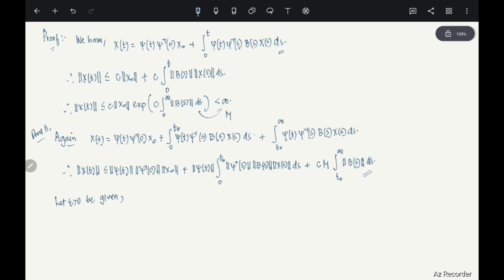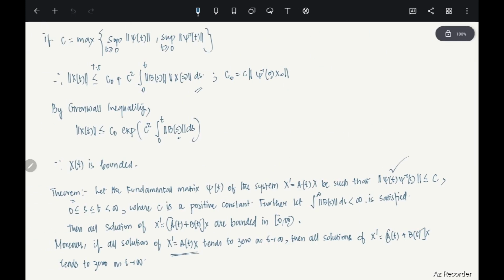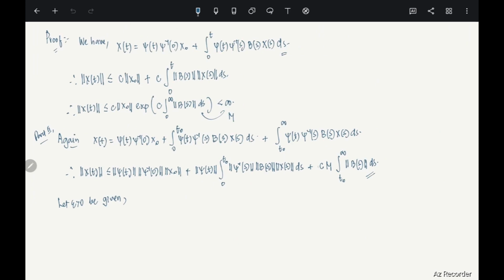See, this part is there, no? Where is it? Yeah. This integral is finite. So basically, B of S is summable. Since B of S is summable, this particular thing, the integral from T naught to infinity of norm of B of S ds, can be made less than or equal to epsilon by 2.